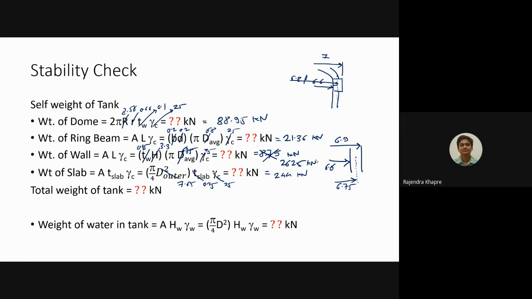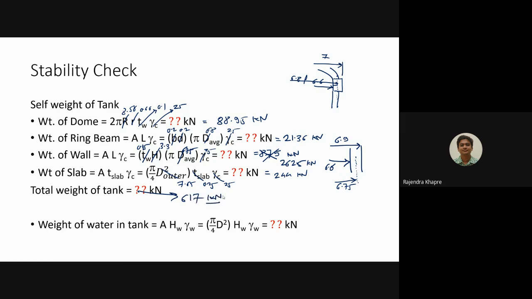That is 88.95 plus 21.36, then 262.5 plus 244. 616, हाँ तो 617 कर दें, ठीक है गर्ल्स बराबर है. So this value, so the total, this is 617 kilonewton.